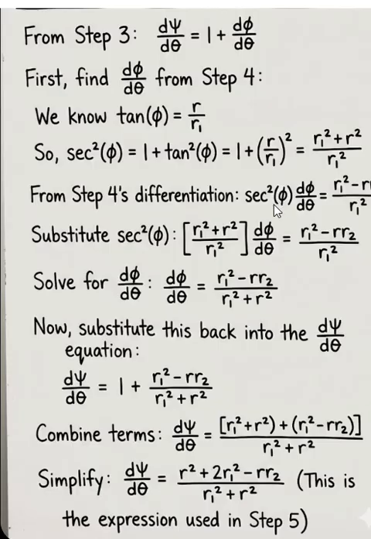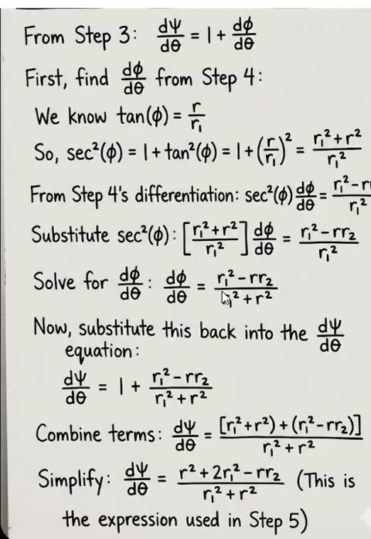After this we have to differentiate tan phi, which gives sec square phi into d phi by d theta is equal to, we have to use the u by v formula here. Based on the sec square formula, once you substitute back, you can get d phi by d theta like this.